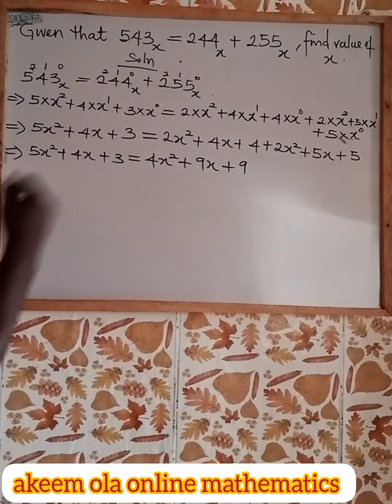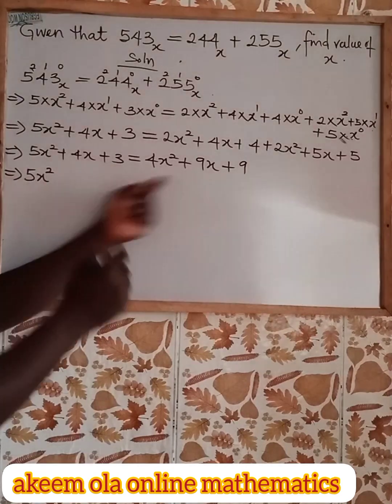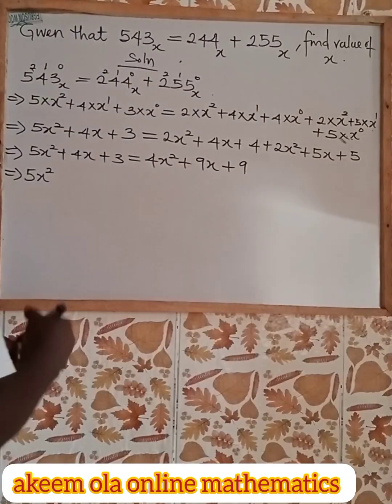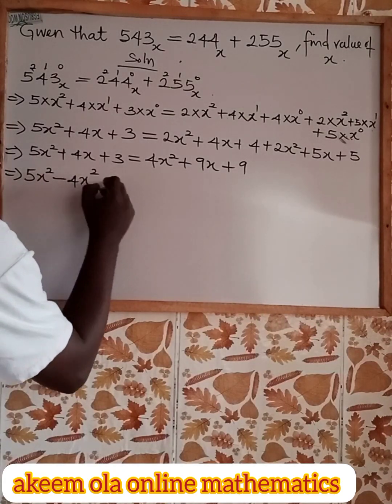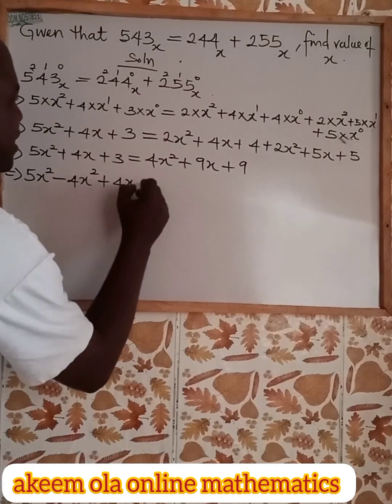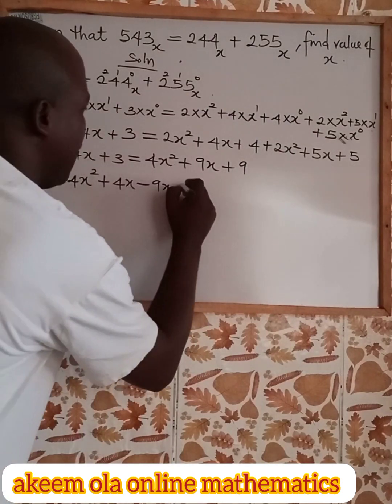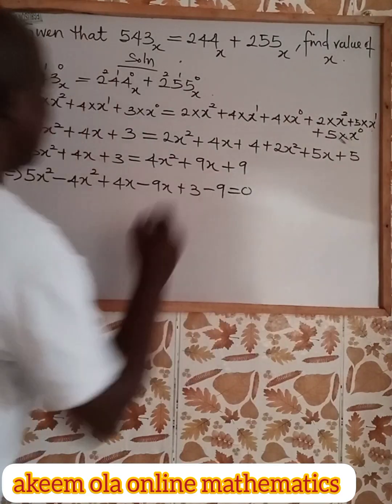When you move everything to this side, we'll be left with 5x squared. Note that the one that is moved from here to that side, its sign will change. So we are now going to have 5x squared minus 4x squared plus 4x minus 9x, as this one will come here, then plus 3 minus 9 is equal to 0.